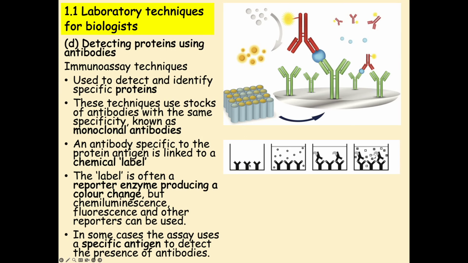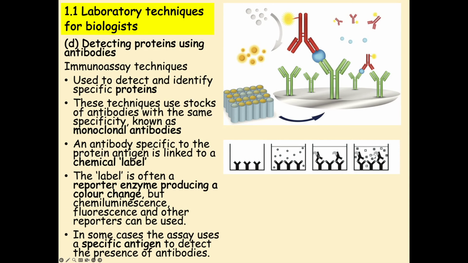So instead of having the antibodies at the bottom here, we would have the antigens, and then the antibody would bind to the antigen. But we can see here in this process, we've got the antibodies. These are the ones that are specific to the antigen or the protein we're looking for. When the protein or antigen comes in here, it will bind to that antibody, and we get that antibody-antigen complex that we learned about in Higher Human Biology.